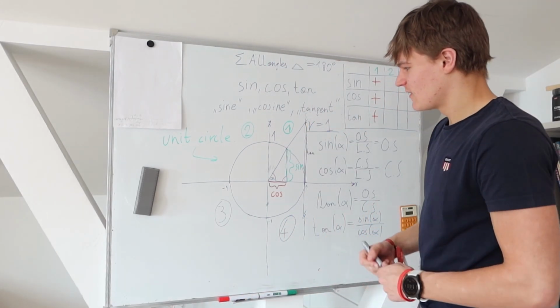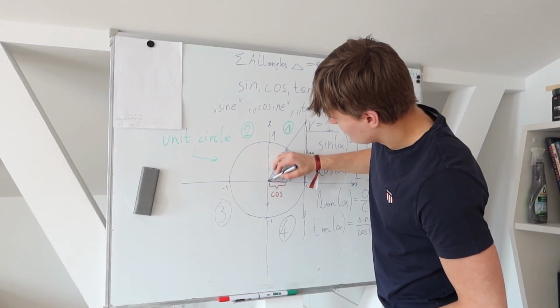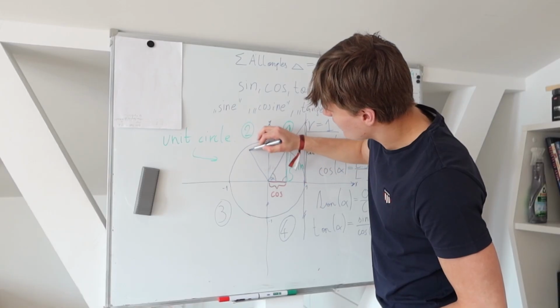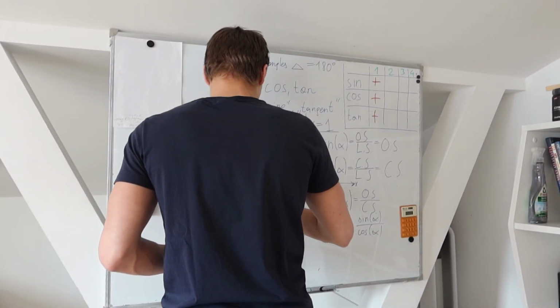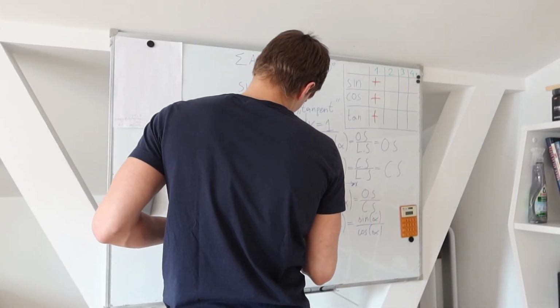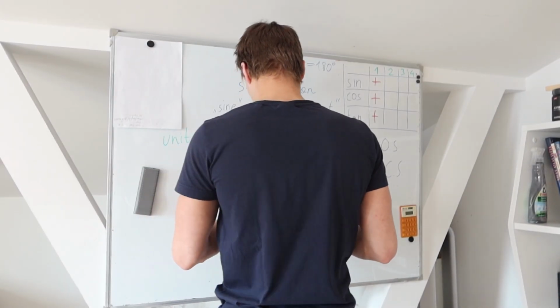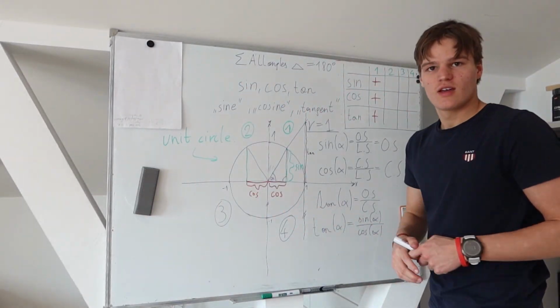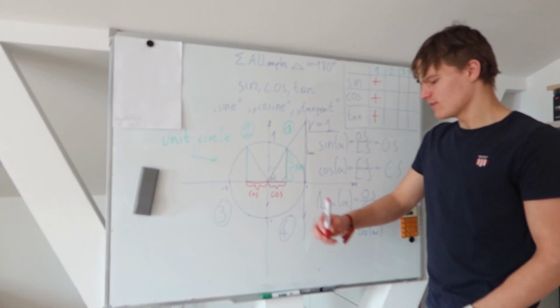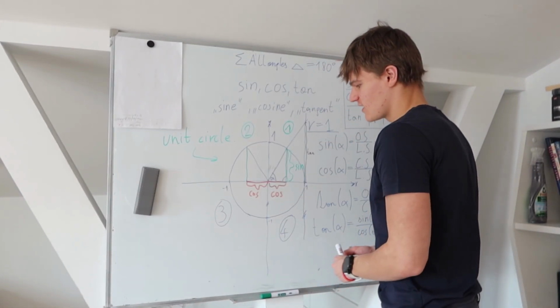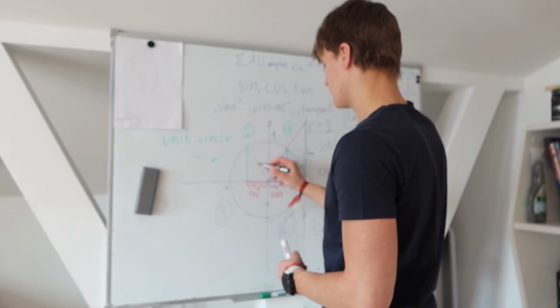Let's have a look at a different angle. How do we actually calculate this? Well, okay, let's see. Back at it, let's have a look. So again, we have a different angle right here. The question is, how big is this angle?